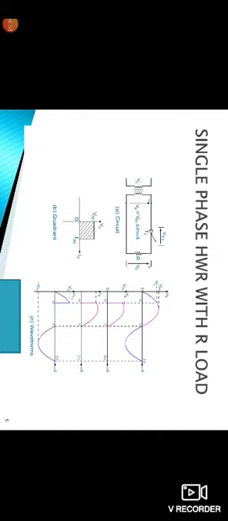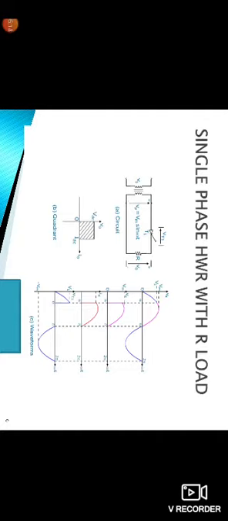Here the first input signal is a sine wave, Vm sin omega t, indicated from 0 to 2 pi. There is a conduction angle alpha, set by the thyristor triggering circuit.